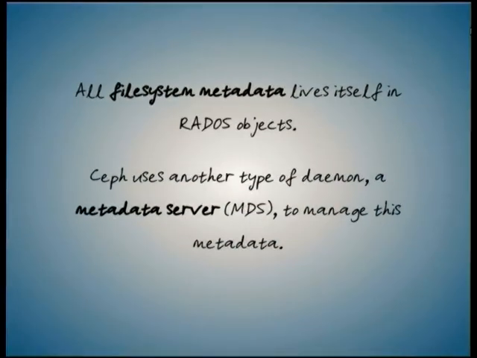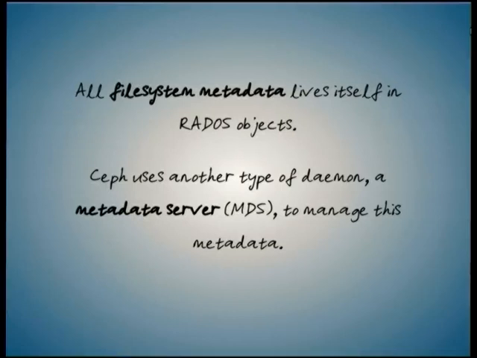All the file system metadata itself lives in RADOS objects. And to manage this metadata, we have another type of daemon, the third type of Ceph daemons, called a metadata server, or MDS. And what it does is file system clients, and file system clients only, no RBD clients, nothing that uses librados directly, nothing that uses the Python bindings directly.